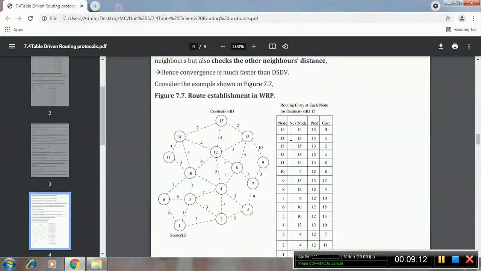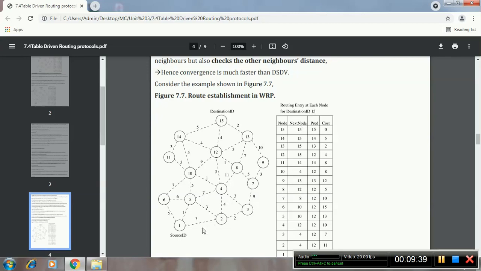So this is one example of route establishment, how the route is going to be connected, or the network is going to be connected between the nodes in WRP, wireless routing protocol. Source is node 1, and the destination is node 15. So here is the routing entry at each node for the destination ID.